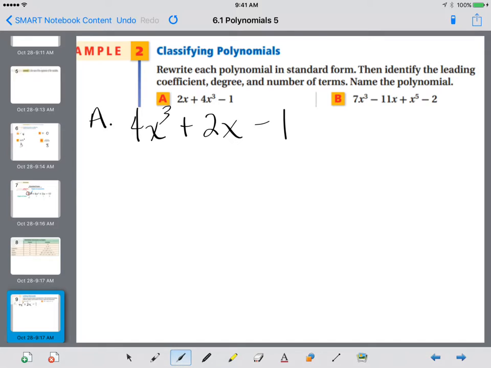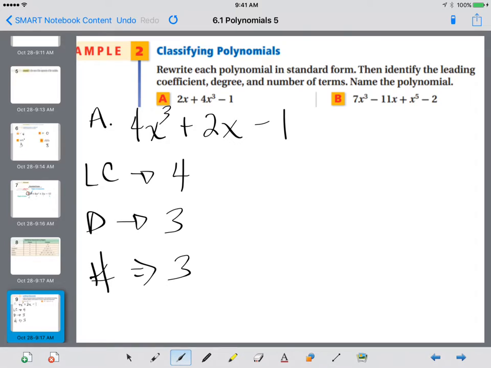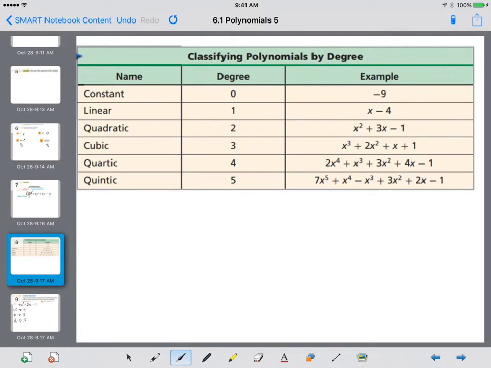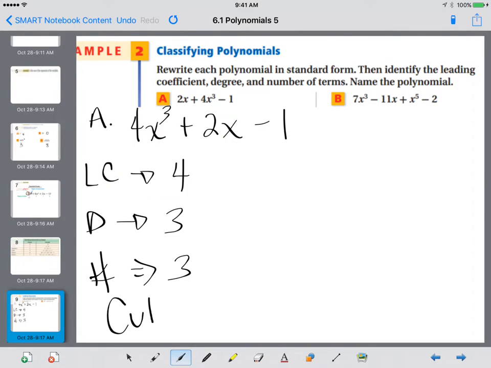Now we need to identify the leading coefficient, LC. Well, that's the number that is in front of the variable with the highest degree. So the leading coefficient here would be 4. The degree would be 3. The number of terms would be 3. And it says to name the polynomial. It has a degree of 3, so we could look at the chart. Degree of 3 is a cubic. So that's how we would name it.